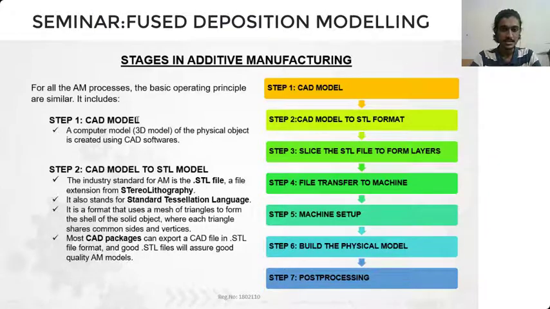STL stands for Standard Tessellation Language, otherwise known as the extension for stereolithography. The STL model converts the CAD model to a mesh of triangles to form a shell of the object. Mostly this conversion is performed by the CAD software.